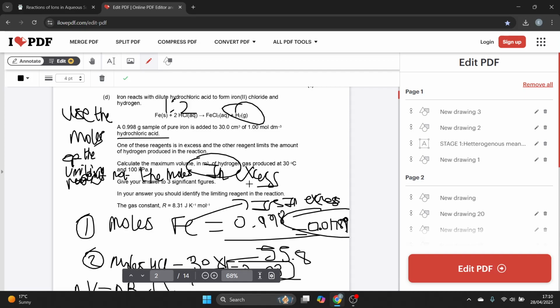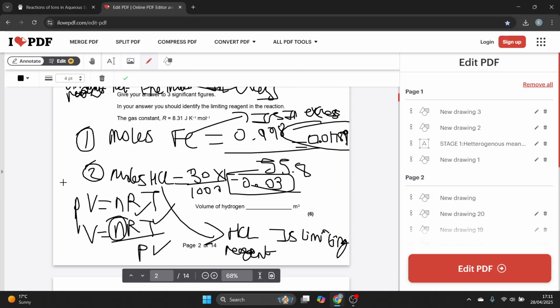Use moles of limiting reagent, not the moles in excess, when given both. Please learn that, because if you decide to use the moles of iron, you're going to lose all those marks, all those next 3 marks.